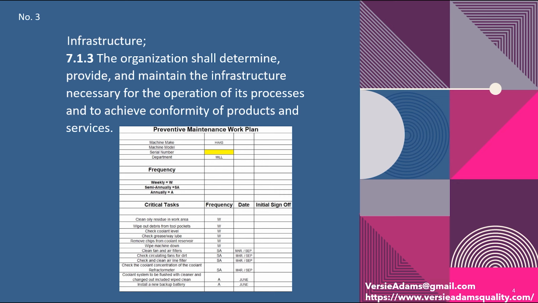What I'm often finding is that these preventive maintenance work plans are not up to date, meaning they don't have sign-offs for the tasks according to the frequencies that are indicated. In this case, you see weekly, you see SA, which means semi-annual, and you see A, which means annual.